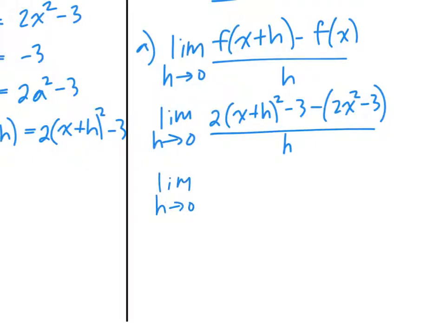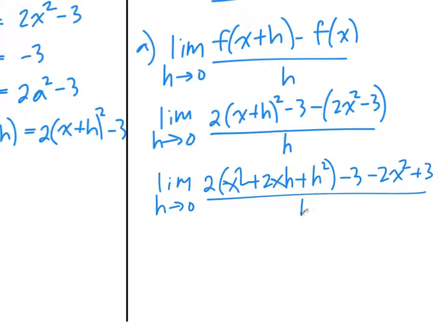Okay, we're going to simplify this by foiling in our head. (x plus h) squared is x squared plus 2xh plus h squared. Good. Okay, minus 3 minus (2x squared minus 3) over h.